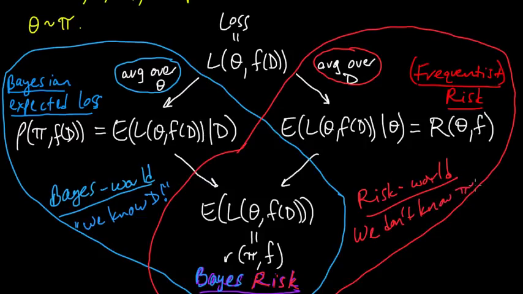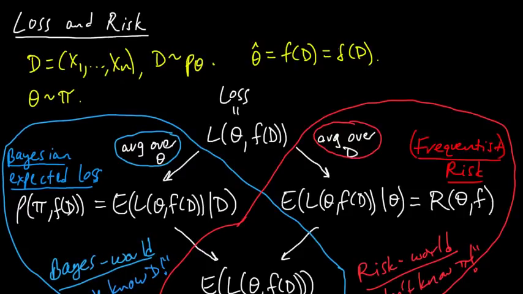We don't know the true prior, or even if there is such a thing. I mean, frequentists often would say theta is a true value. It's not a random thing. It's a true thing in the world.